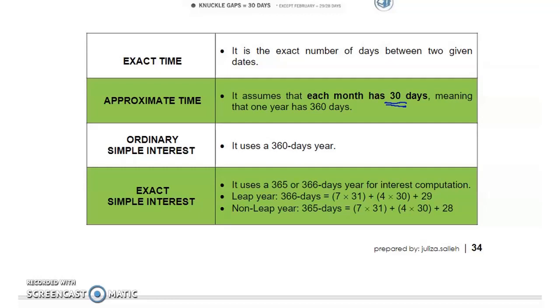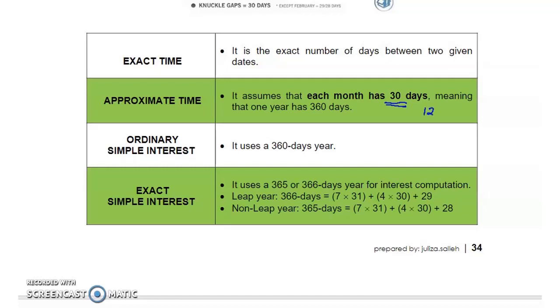For example, for August, exact time is 31 days, but if we use approximate time, then we use 30 days. Or February, for a leap year, we have 29 days. But if we apply approximate time, February also will have 30 days. So that is what is meant by approximate time. When we use approximate time, all months equal 30 days.